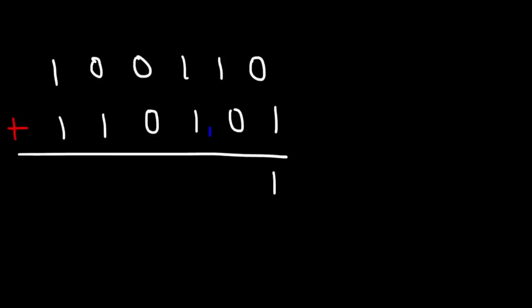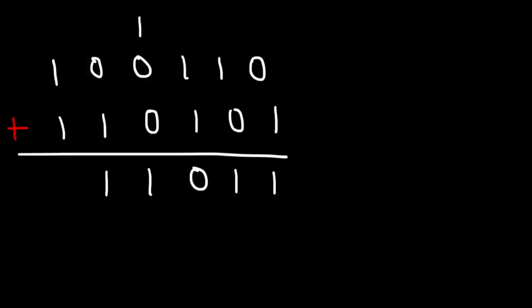And then in the next column we have 1 plus 0, which is 1. And then it's 1 plus 1, which is going to be a 0, but we need to carry over a 1. Now for the fourth column, it's 1 plus 0 plus 0, which will equal 1. And then we have 0 plus 1, which is 1.